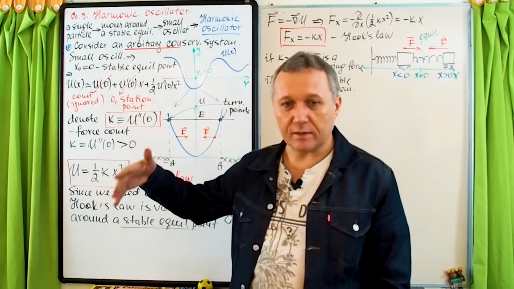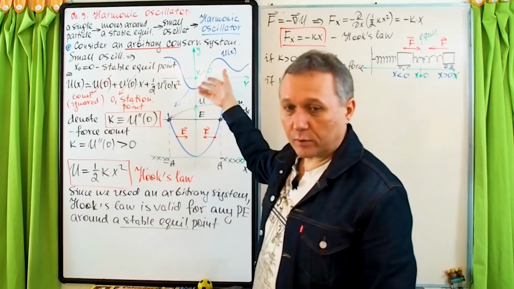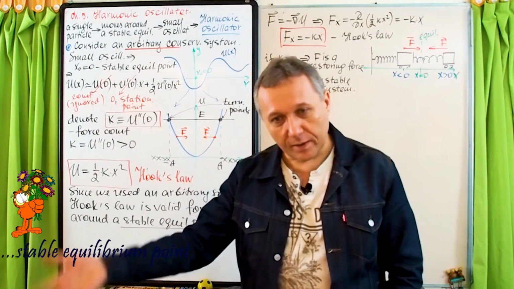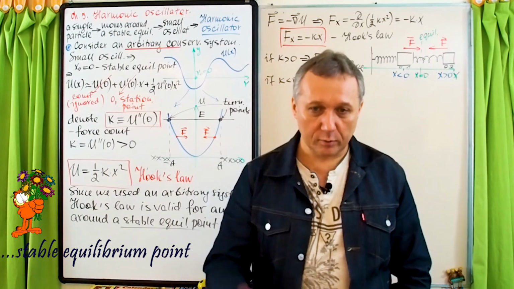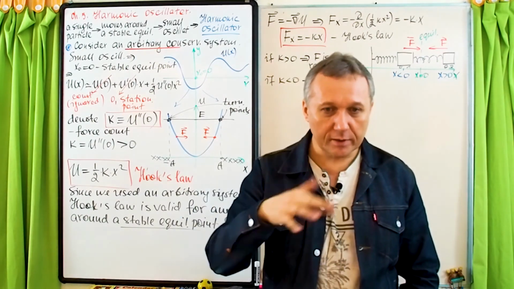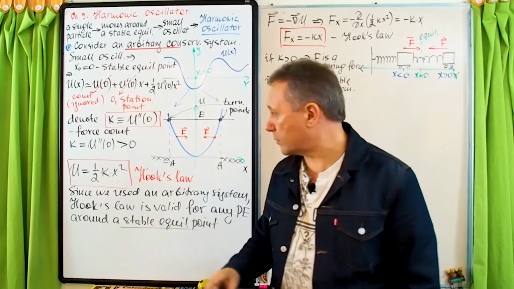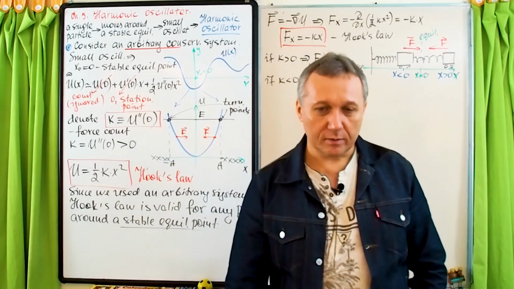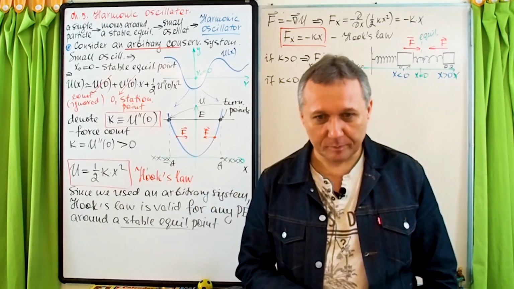Again, just to emphasize the general validity of Hooke's law: you can use any conservative system. If you plot potential energy, find the stationary point, you can use Hooke's law, and you can have a harmonic oscillator, with oscillations around that stable equilibrium point. So next class we will start from that. We will just get k and see the same results as we got a couple of classes ago.